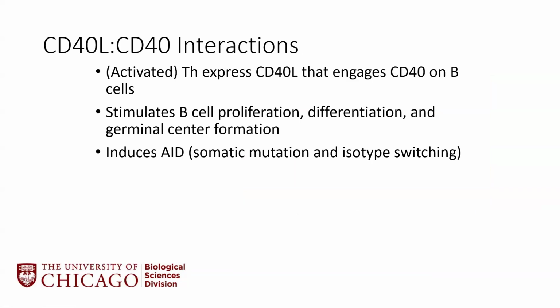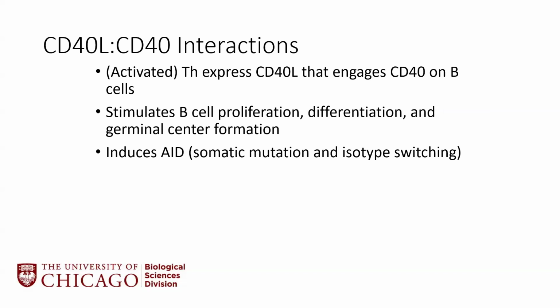Okay. So the CD40 ligand CD40 interaction is essential in this process, and we've introduced this concept before. The activated T cell will express CD40 ligand, and the B cell will express CD40. Once these two things have been activated, the activated T cell will have CD40 ligand, the activated B cell will have CD40, and those will interact at the same time you're getting that MHC T cell receptor interaction.